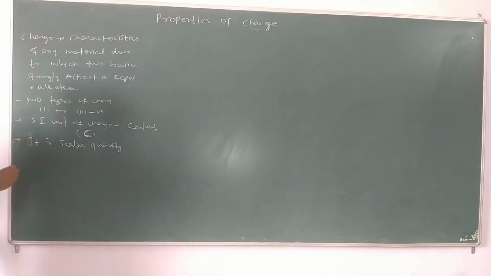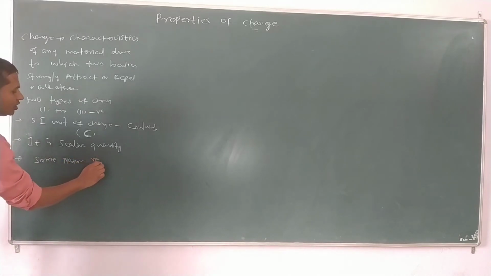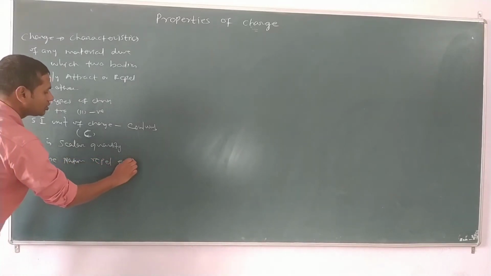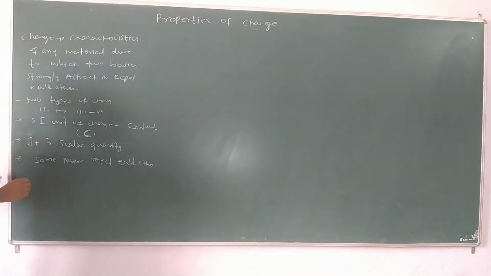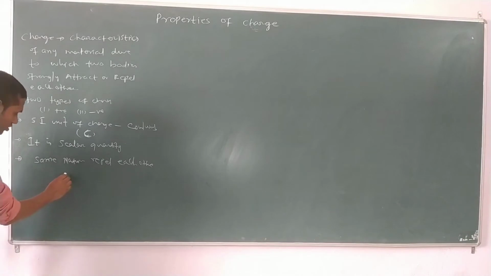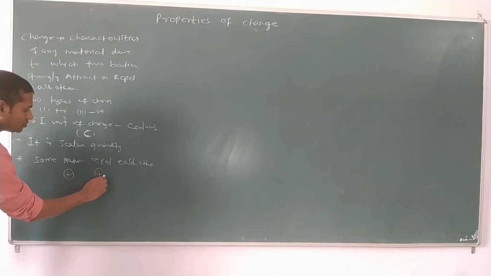Two types of charges: same nature charges repel each other. What does that mean? Suppose there is a positive charge and here another positive charge.